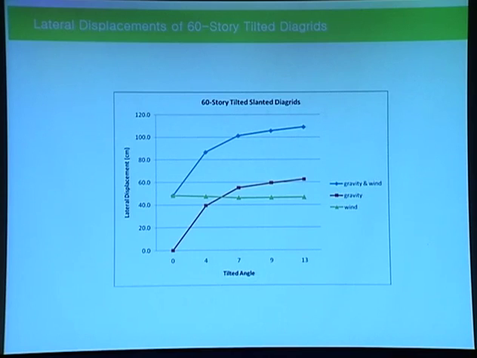But as you can imagine, the tilted towers are initially deformed by gravity load, and that gravity load induced lateral deformation becomes larger and larger as the angle of tilting becomes larger. And as you can see here, this is the gravity load induced lateral deformation, and at some point even this displacement is bigger than the wind load induced lateral deformation.